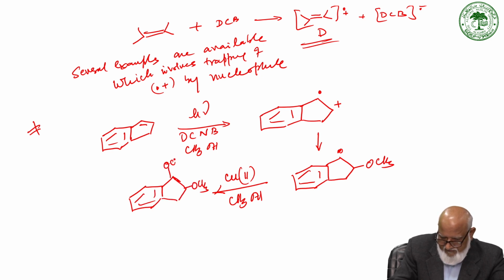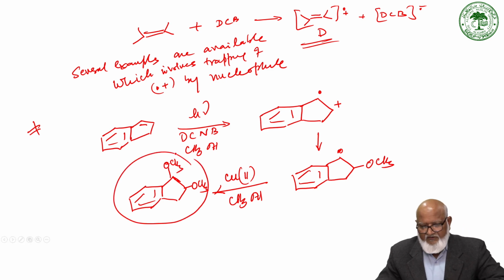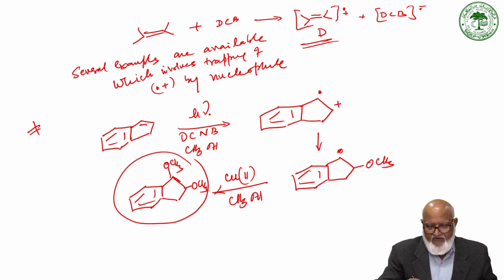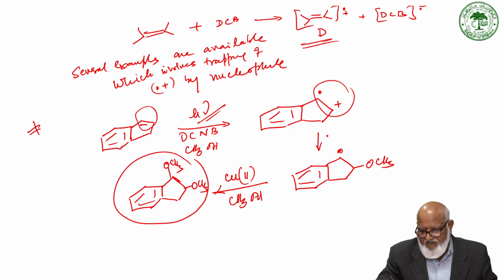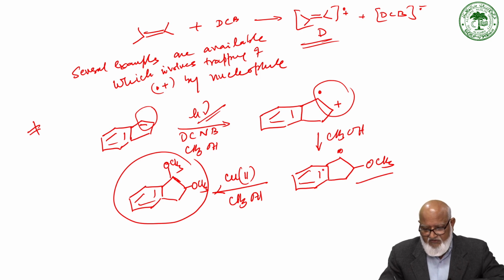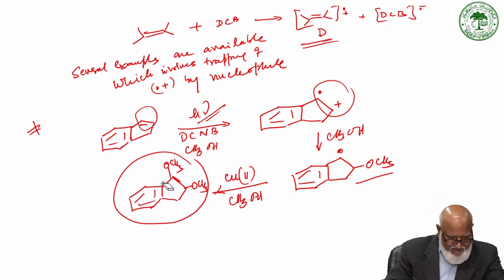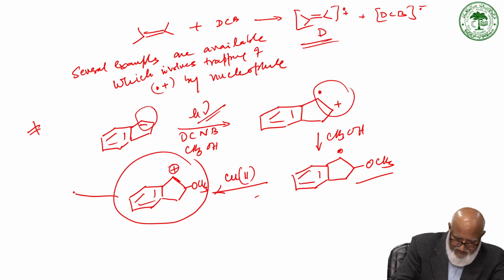So we can see the reaction involves an electron transfer under photolytic conditions. It is a homogeneous photoinduced electron transfer: the alkene acts as a donor, transferring an electron to generate a radical cation. Methanol acts as a nucleophile and traps this, and then the radical is further converted to a cation species, which reacts in the presence of methanol to give this product.